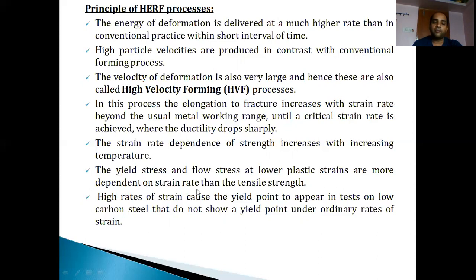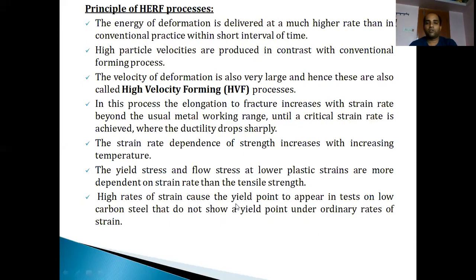Regarding the strain rate applied at the tensile strength itself. So when this yield stress and flow stress are coming into existence, there is a dependency on the high rates of strain. This is responsible to cause the yield point to appear for low carbon steel, which does not show any yield point under ordinary rates of strain. So these are the principles of the HERF process.